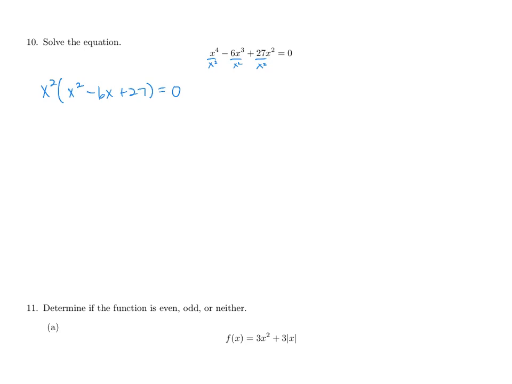So we have two different things we need to look at here. We have the x squared equals 0, and then we have x squared minus 6x plus 27 equals 0. So for the x squared equals 0, we can square root both sides. Plus or minus makes no difference on a 0. Either way, it's 0. So x equals 0. So there's one solution.